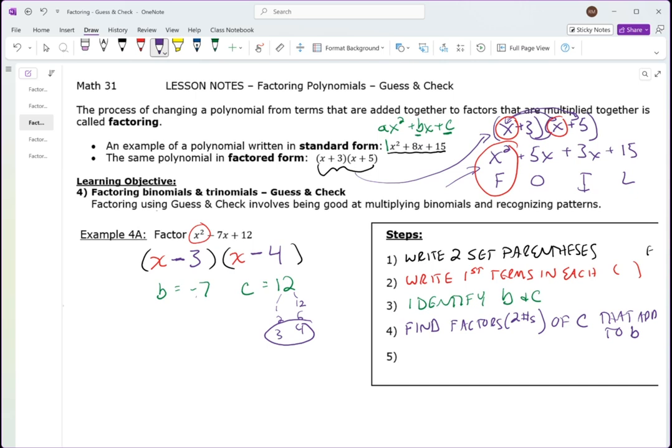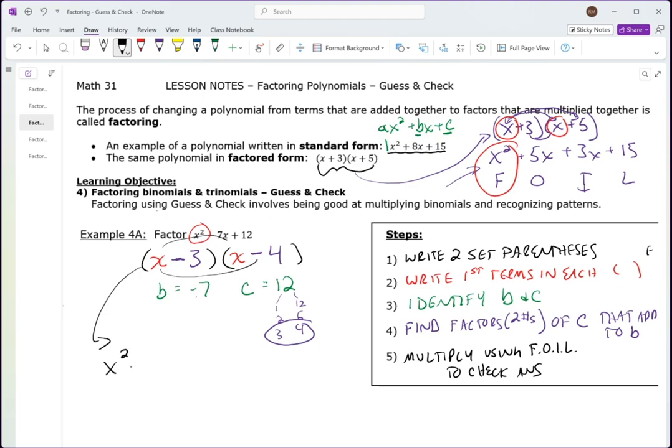But the key to guessing and checking is that we then multiply out, using FOIL typically, or distribution, to check our answer. So if I do that, I have x times x, or x squared.